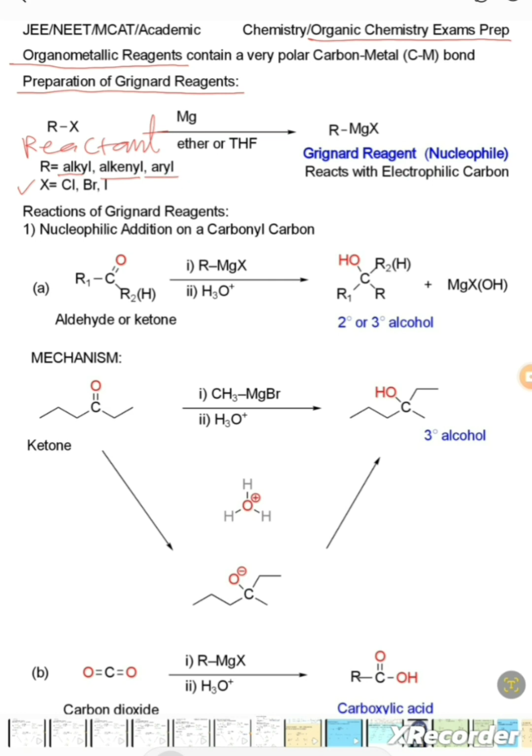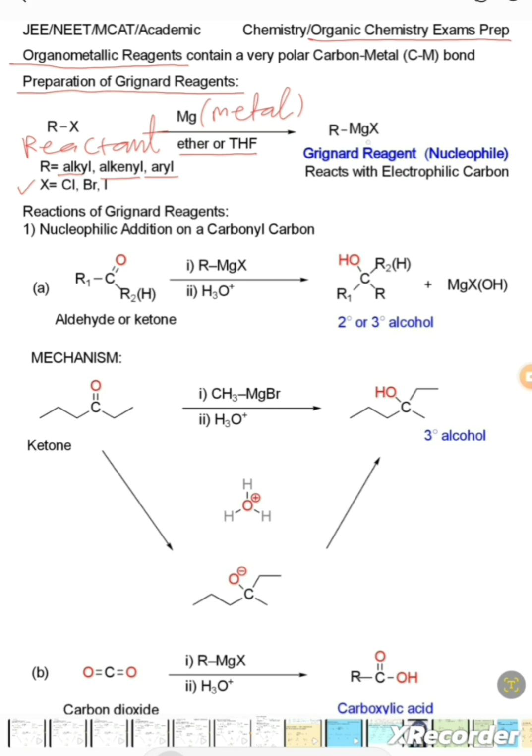So the starting compound alkyl halide reacts with magnesium metal in presence of dry ether or tetrahydrofuran. So these are common solvents used for preparation of Grignard's reagents.